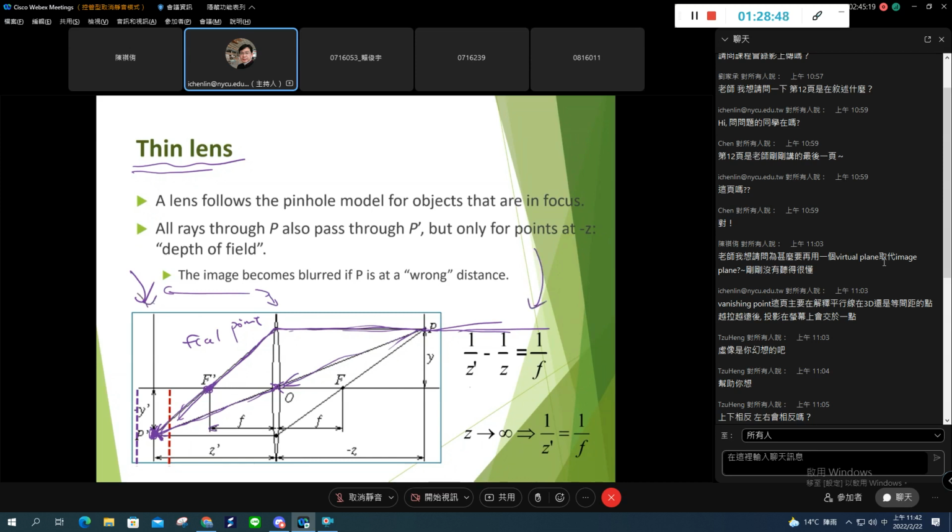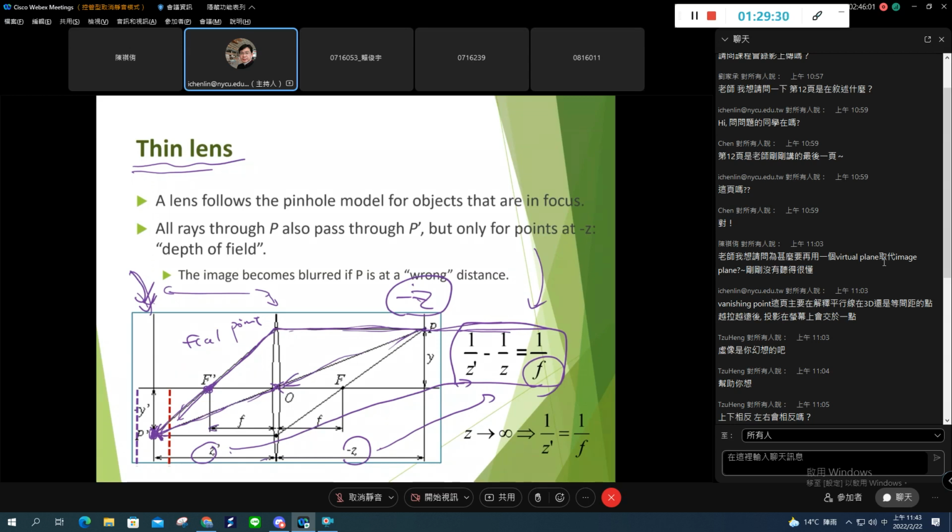There is a formulation about the relationship between Z here, Z prime within the camera, and F, the focal length. Through this equation, whenever you have a distance negative Z here, you can estimate where we can put our plane or film to make the point converge.